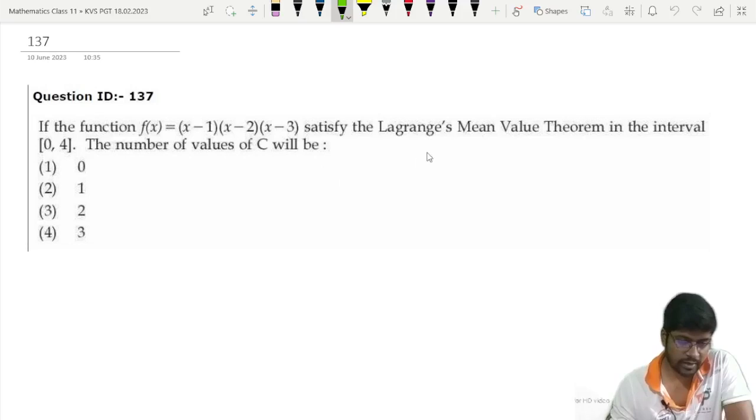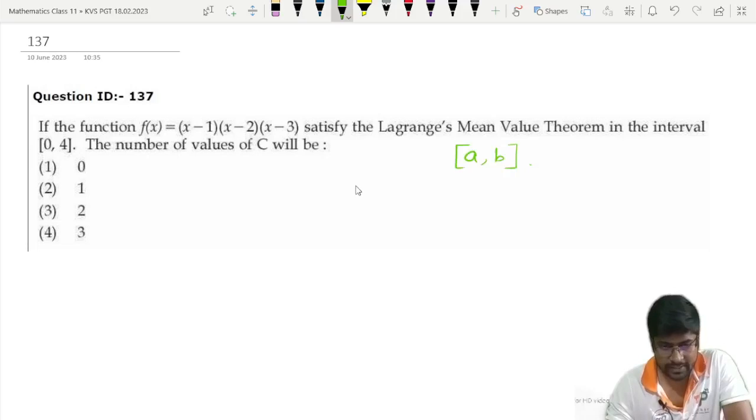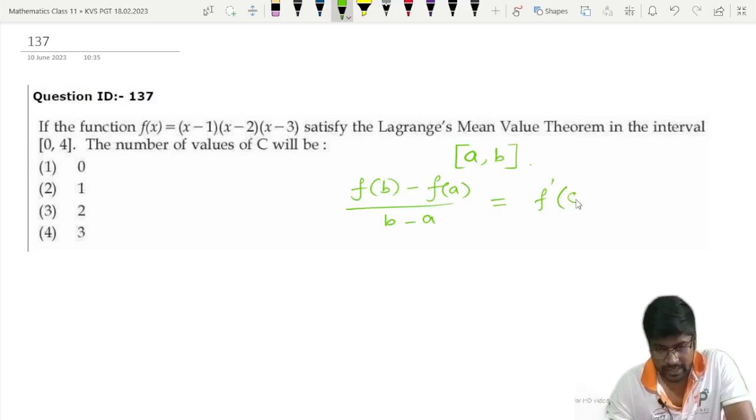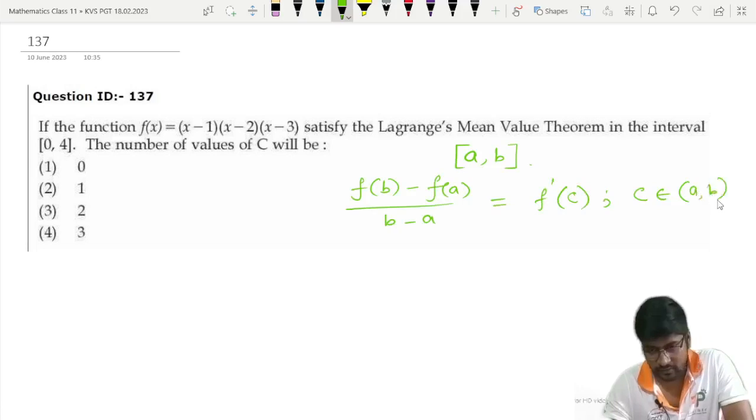Now before that, if a function satisfies Lagrange's mean value theorem in the interval a comma b, then what will happen? We have f(b) minus f(a) divided by b minus a will be equal to f dash c, where c belongs to the open interval a comma b.